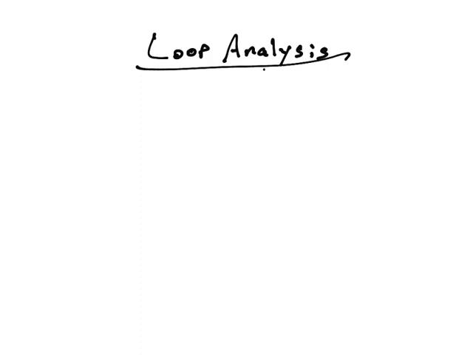Usually, loop analysis is taught alongside a second technique called Nodal Analysis. But of course, I'm going to split them up into two different lectures and concentrate on each one separately. But they're very similar in how to attack the circuit.